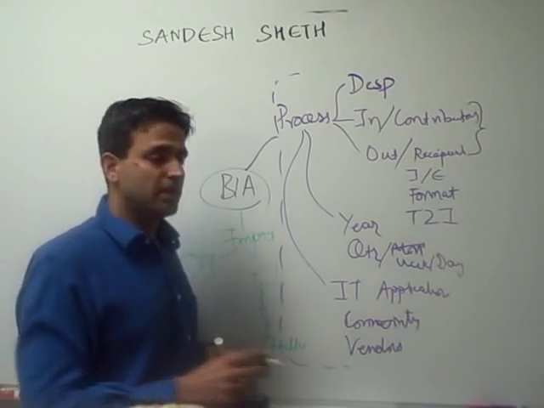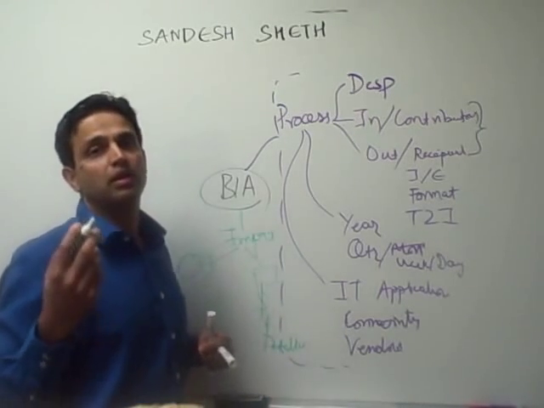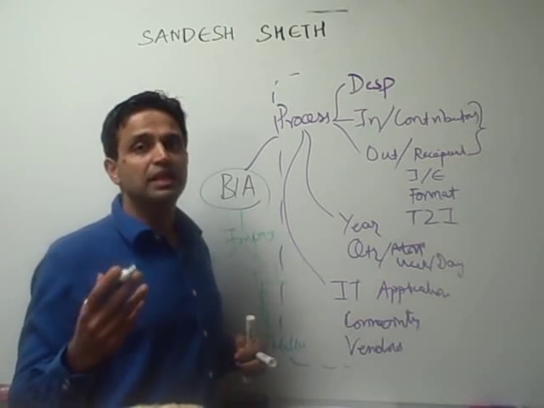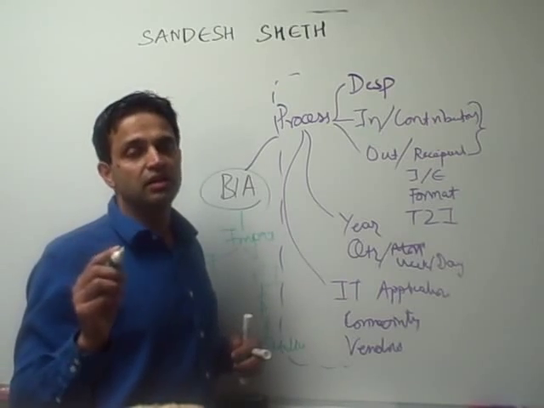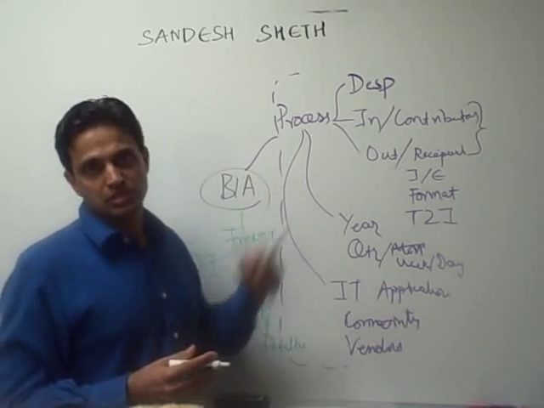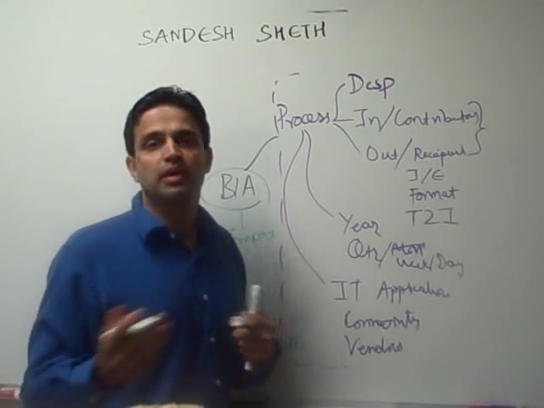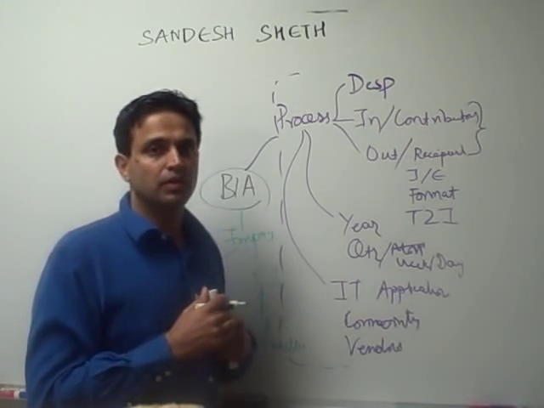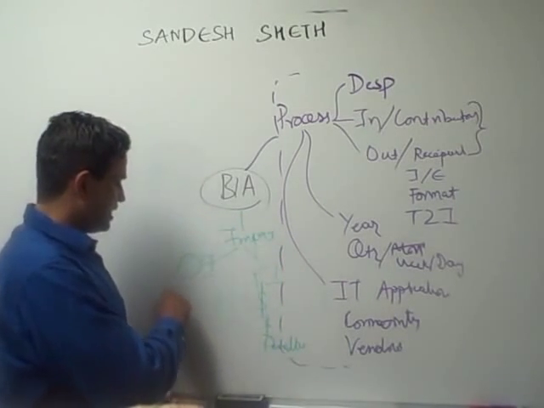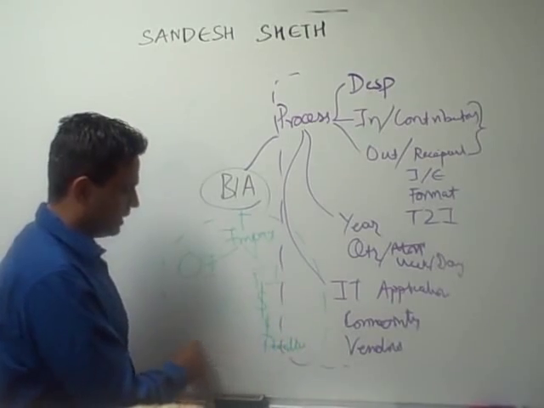Penalties could either be contractual penalties for not paying the contractors, or legal penalties if there are any regulatory requirements that the business process is supposed to adhere to. So in this phase, we identify what would be the impact.